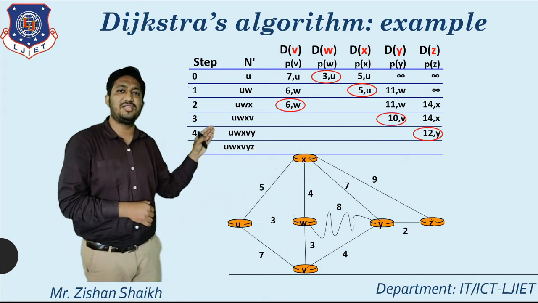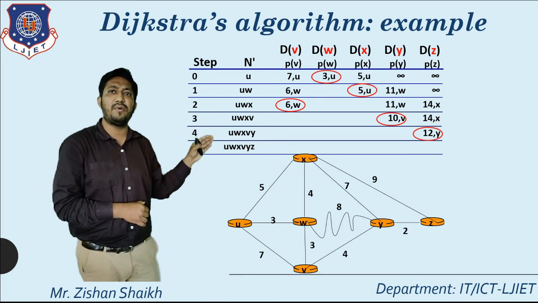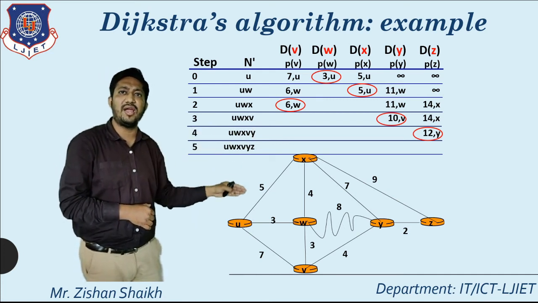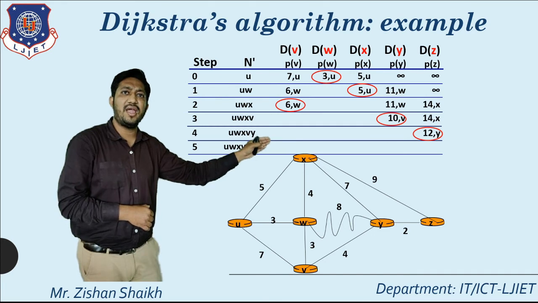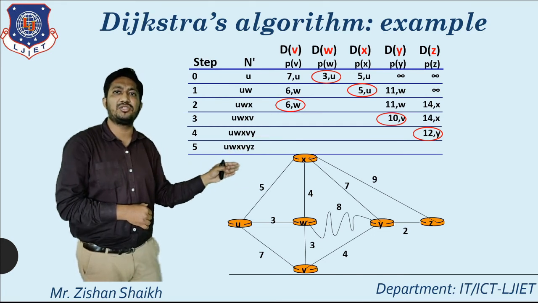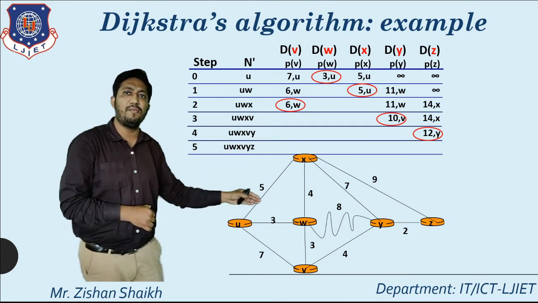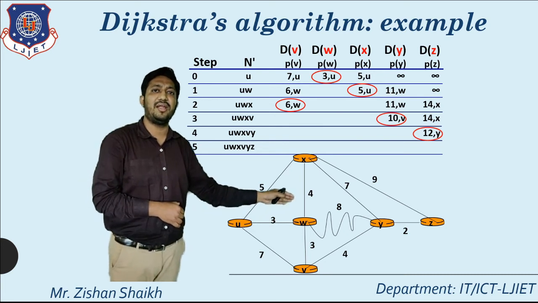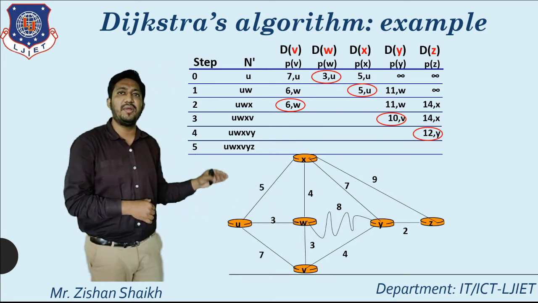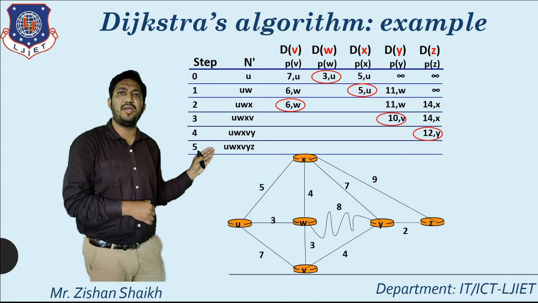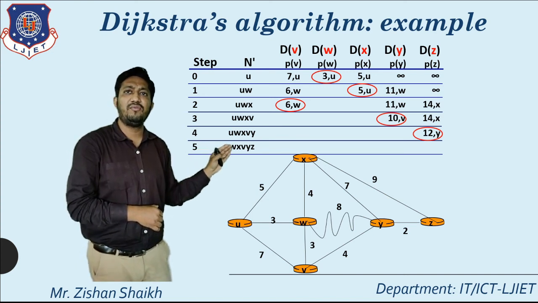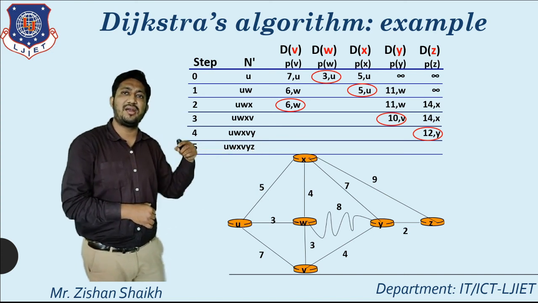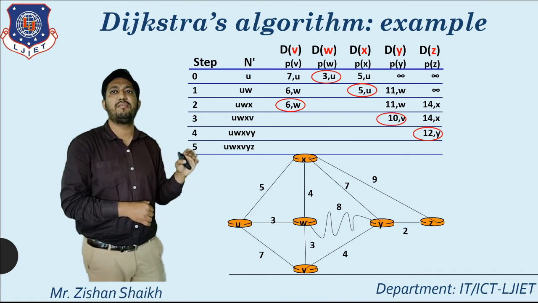So that is total is 12. So previous what we are performing here, 5 plus 9, that path is U to X and X to Z, that is the minimum case of 14. But here if we are performing this path, we are maintaining the data, that is 12, that is the minimum. So our final result will be our U, W, X, V, Y, Z, how we can reach to the destination with the minimum cost.